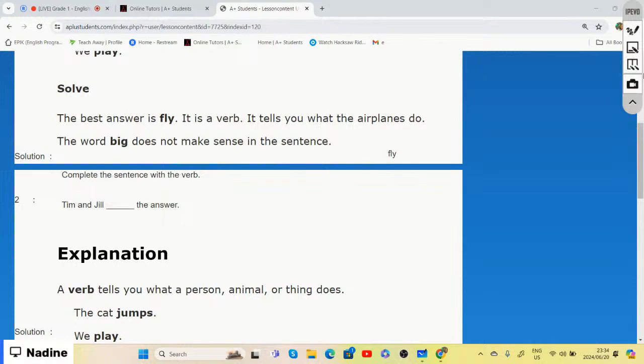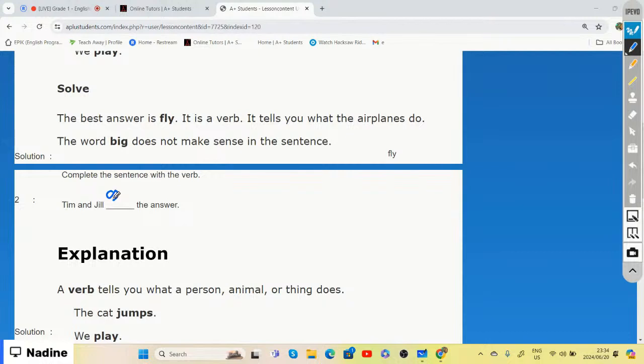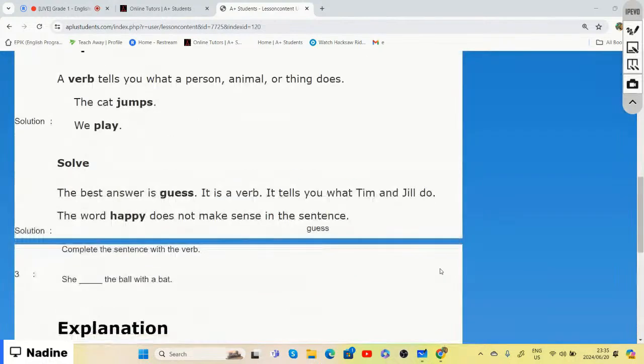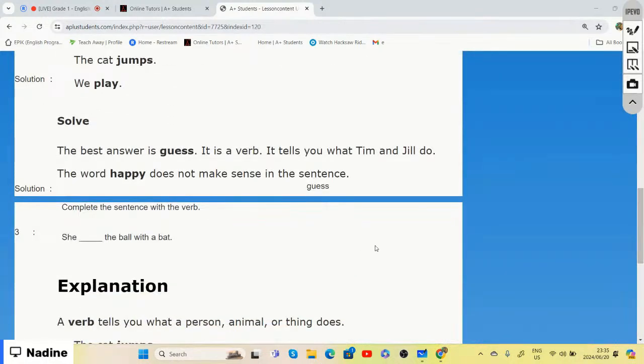So we can then say that Tim and Jill say the answer, or we can say that they know the answer. So it really depends. It can either say they say the answer, or they know the answer to whatever question. Oh, and the right one is actually they guess the answer, right?